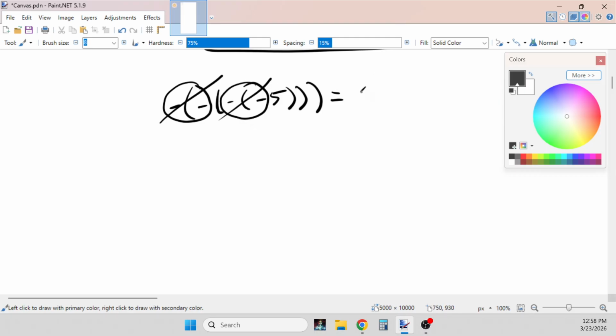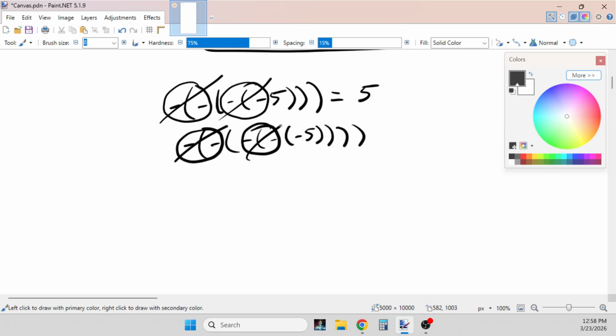If you have no negatives left over, your number is positive. On the other hand, when I pair up, that's a pair, and that's a pair, and I get rid of those. If you have a negative sign left over, your answer will be negative.